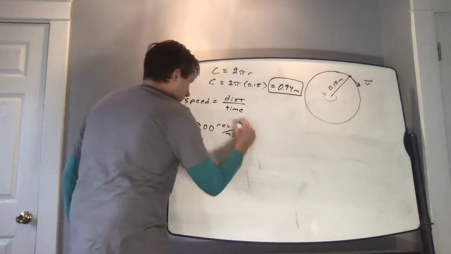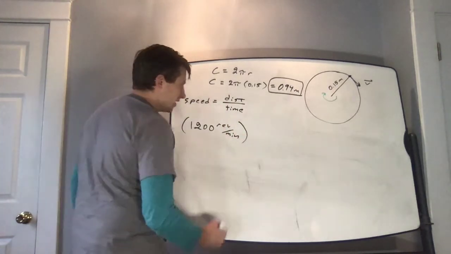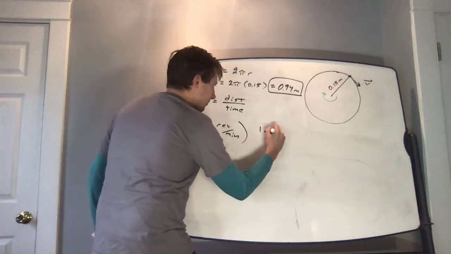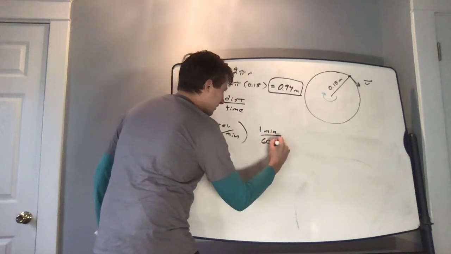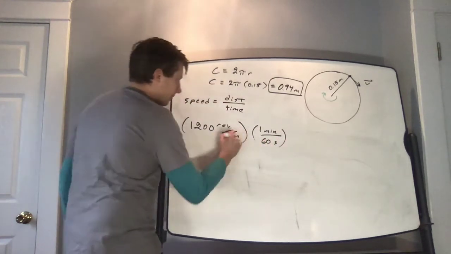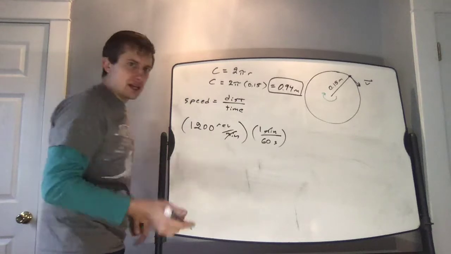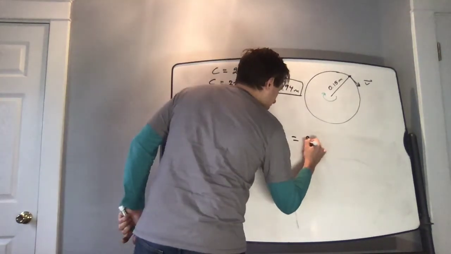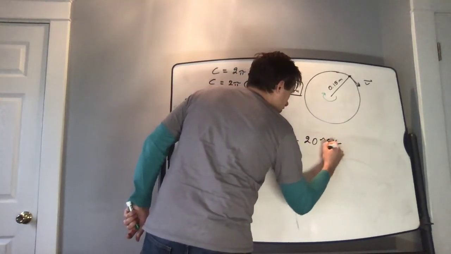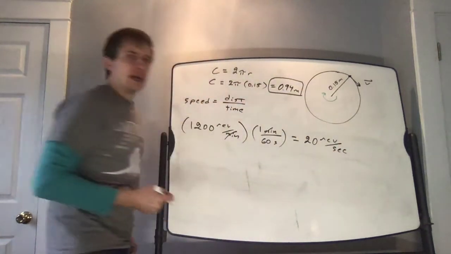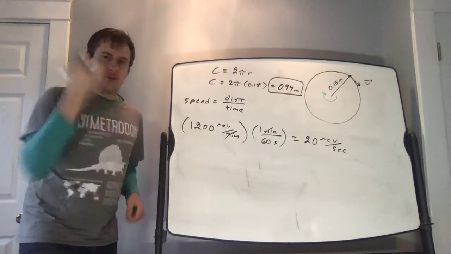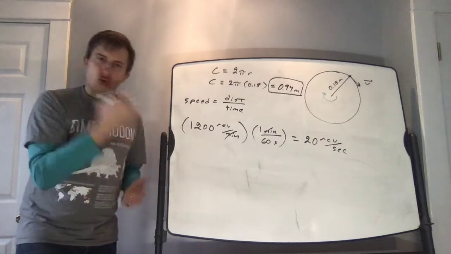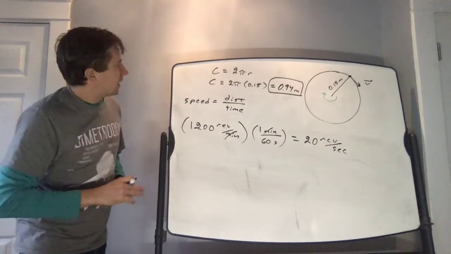So if I convert 1,200 revolutions per minute times 1 minute over 60 seconds, then I would find that the fan is spinning at a rate of 20 revolutions per second. So the fan is going boom, boom, boom, boom, boom, very fast, 20 times each second.